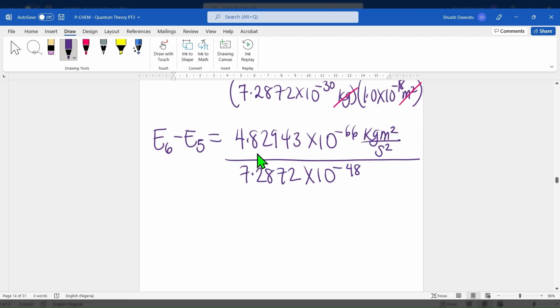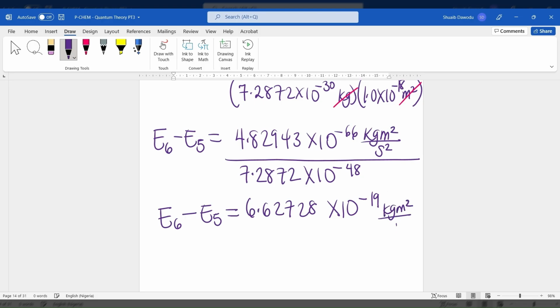So the next thing you have to do is 4.829 times 10 raised to the power of negative 66 kilogram meter squared per second squared divided by 7.2872 times 10 raised to the power of negative 48. When you do that, E6 minus E5 gives you 6.62728 times 10 raised to the power of negative 19, and then kilogram meter squared per second squared.